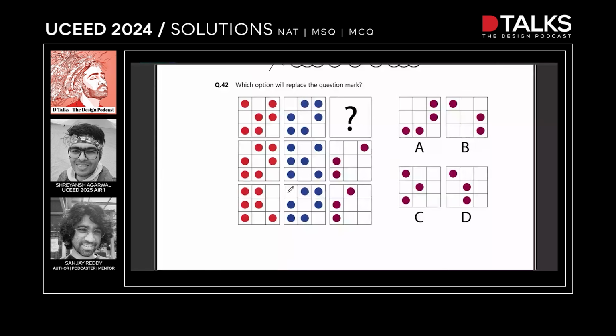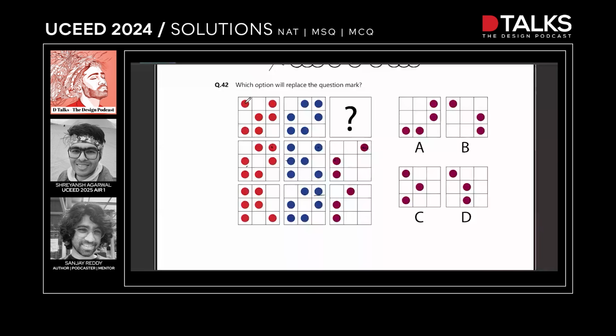Which option will replace the question mark? Pretty straightforward. So the logic is row wise. Every single box that is both red and blue gives you this maroonish color, and every other column is just left blank. As long as both of the colors are available, then only it will become a maroon. You can just cross check that.